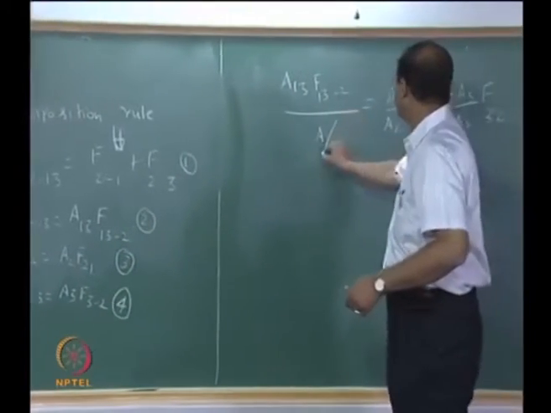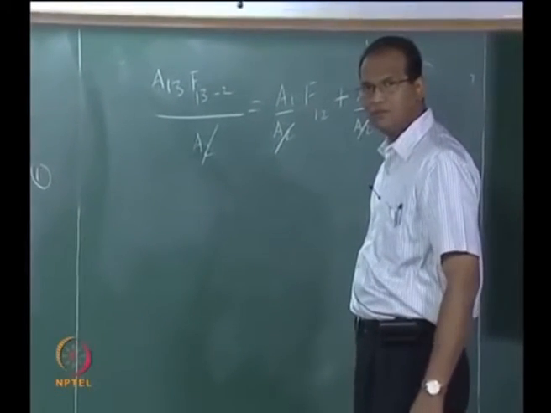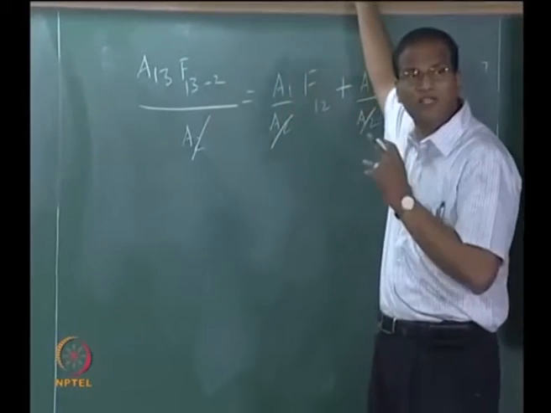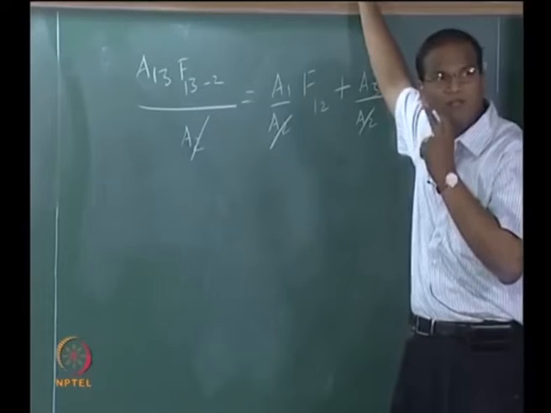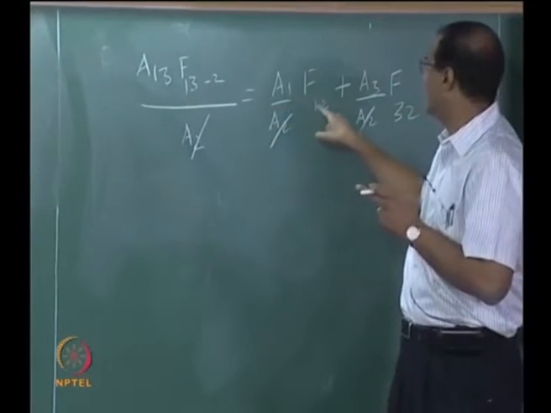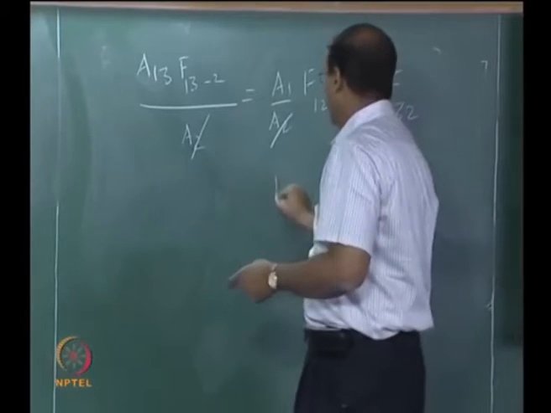Now, a very profound result, please look at the board, this is where most students make mistakes. A13 F13 to 2 is A1 F12 plus A3 F32, okay.